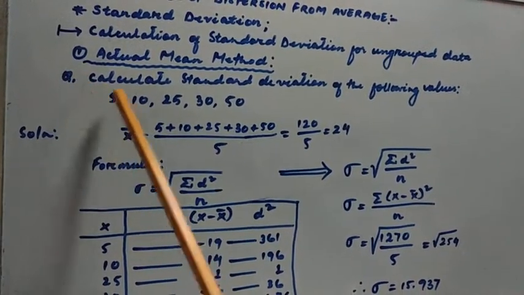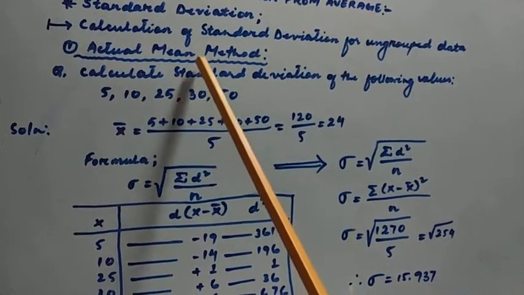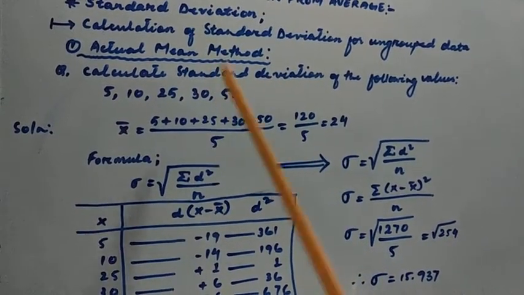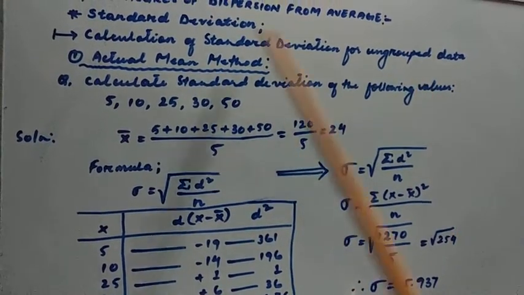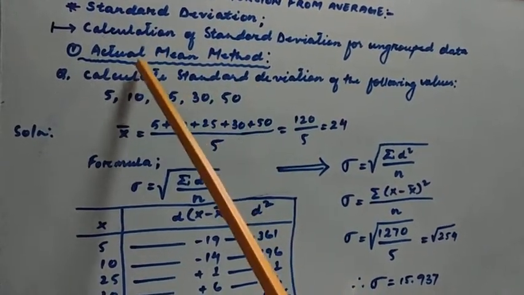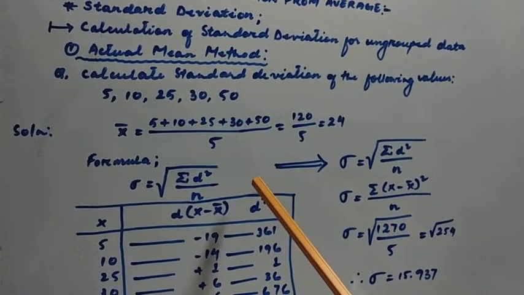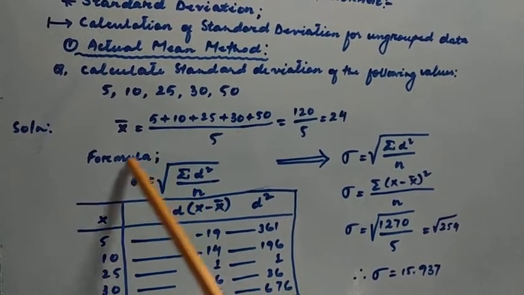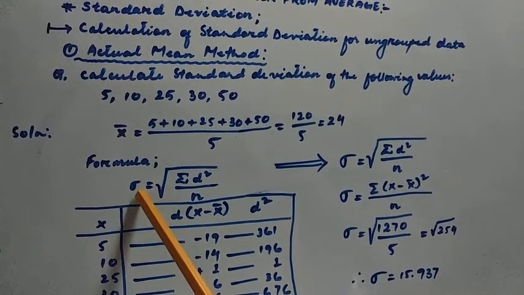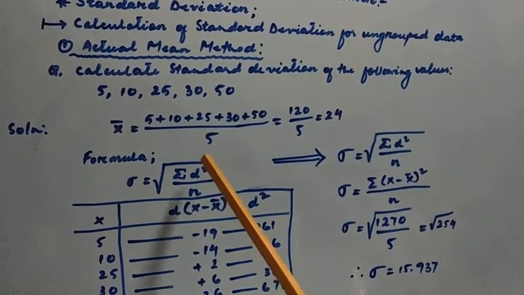First we have standard deviation for the actual mean method. The formula for the actual mean method is given here: standard deviation equals the square root of summation d square divided by n.